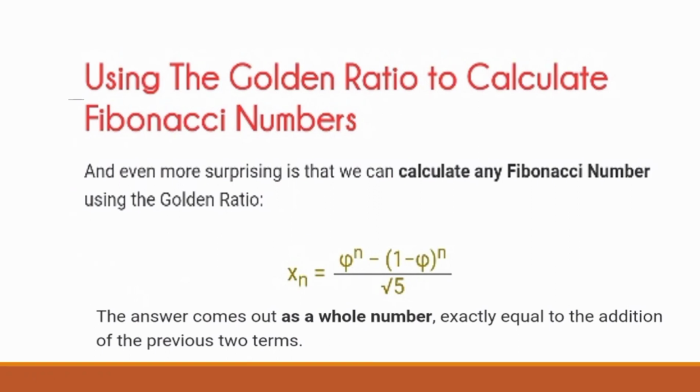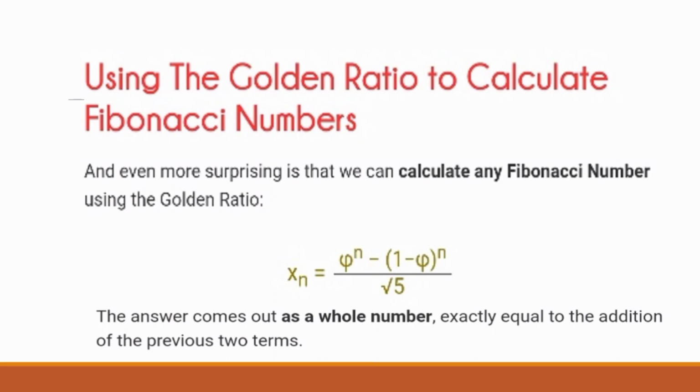So, using the golden ratio to calculate Fibonacci numbers. To calculate Fibonacci number, gagamit daw tayo ng golden ratio. So, ito yung formula kung paano natin i-calculate yung Fibonacci numbers by using the golden ratio.